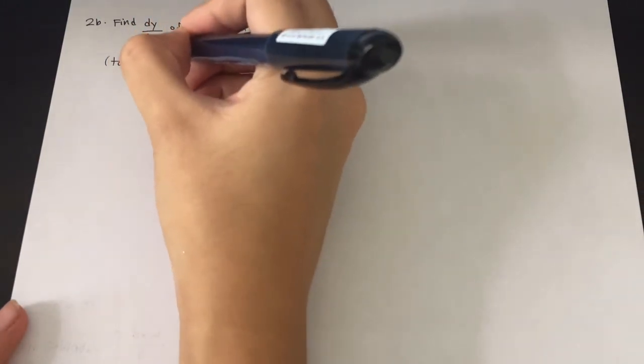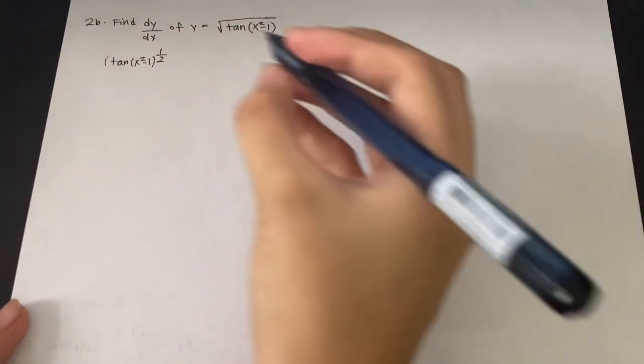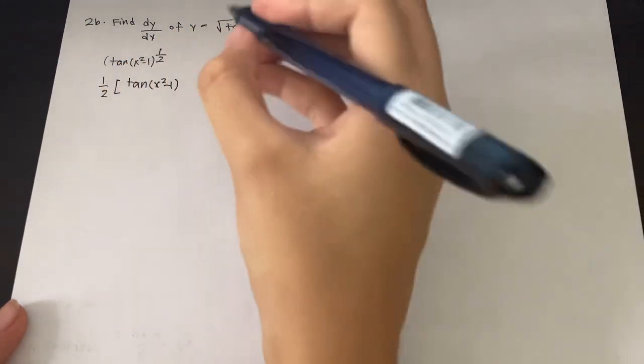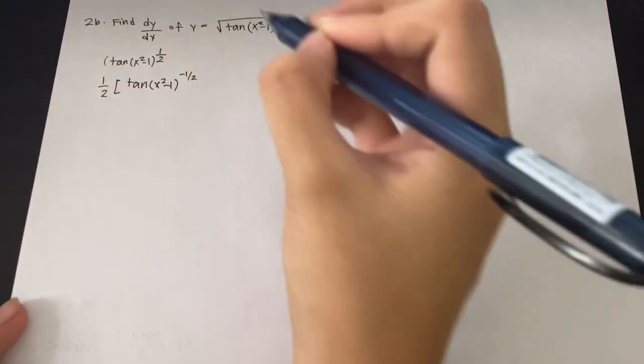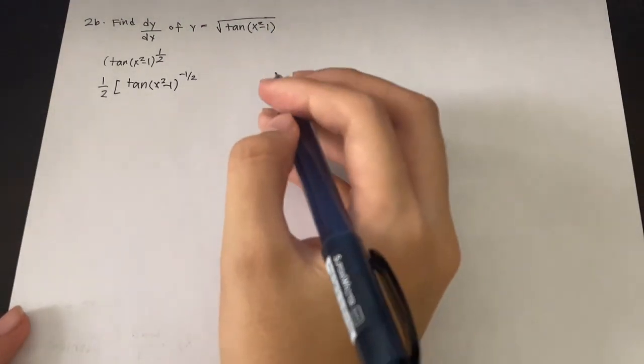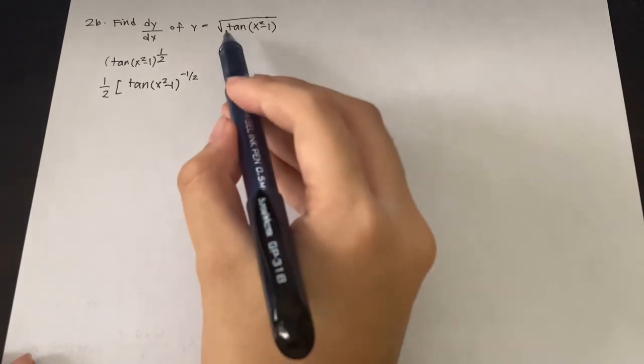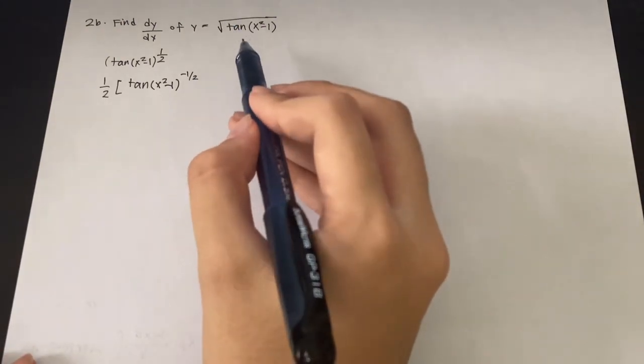Since this is just equal to tangent of x squared minus 1 raised to 1/2, we can make the derivative 1/2 tangent of x squared minus 1 raised to negative 1/2, and then we can multiply it by the derivative of the inner function, which is tangent of x squared minus 1.